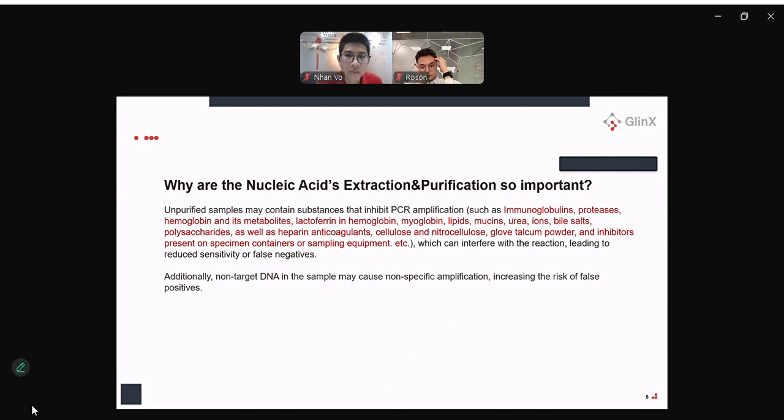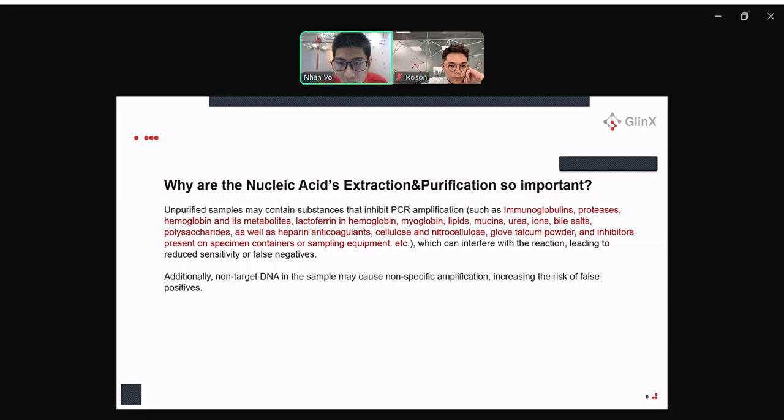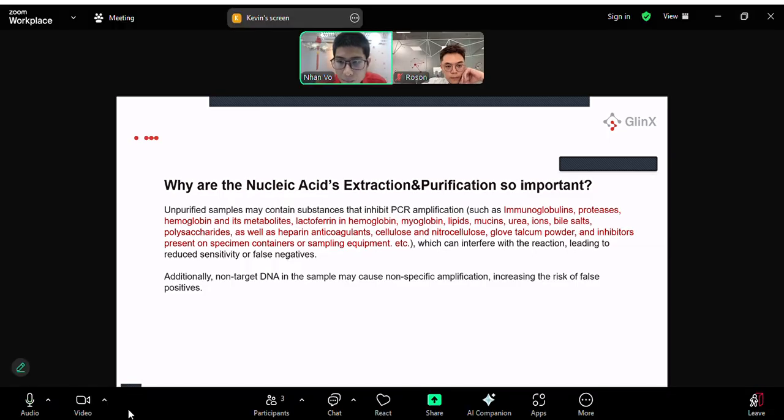And this contaminating substance within the machine is the non-target DNA within the sample. I'm not sure if I'm clear about this. This situation mostly happens when the machine is contaminated.